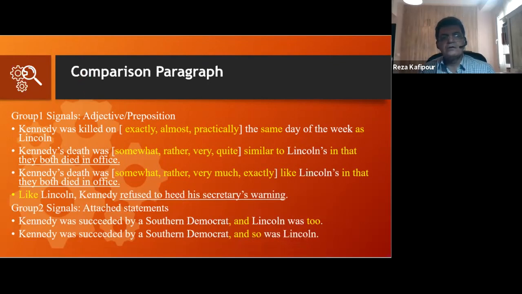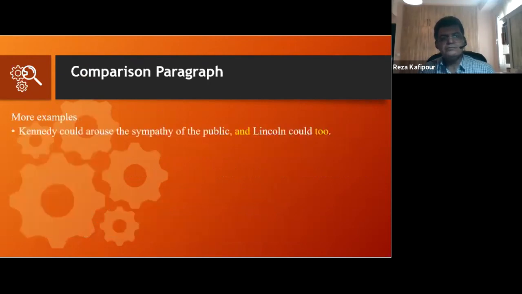So let's go to the next one. But we need to work on this structure. Another example, let's do some more exercises for and so and too. For example here, Kennedy could arouse the sympathy of the public, comma, and Lincoln could too.